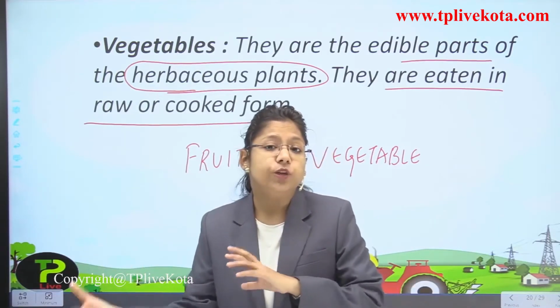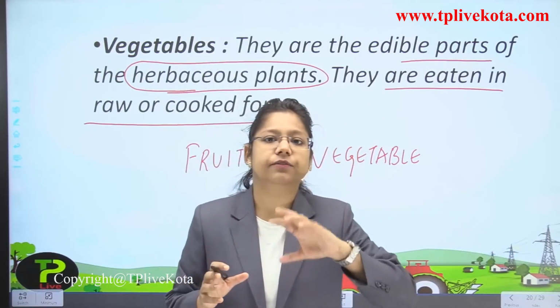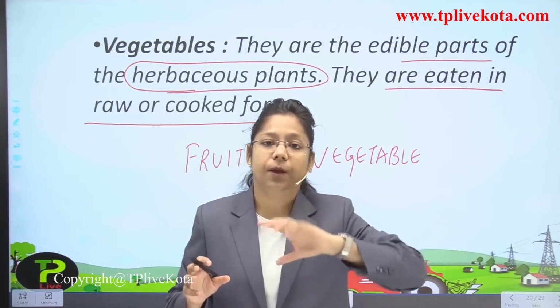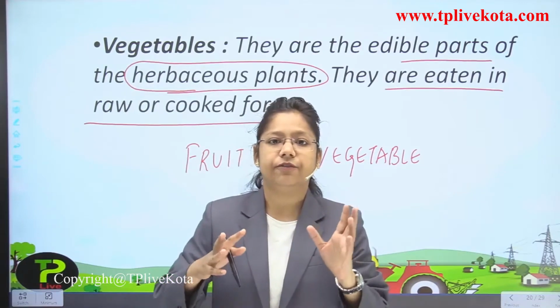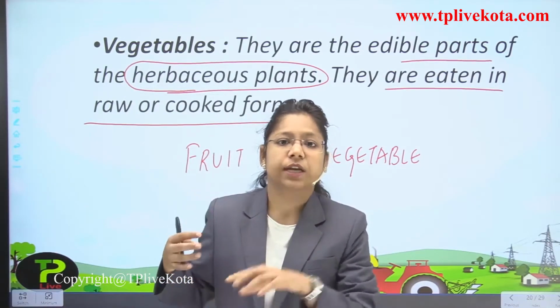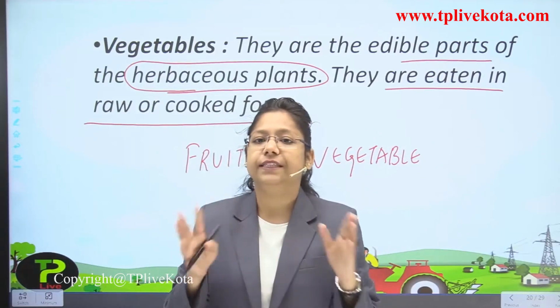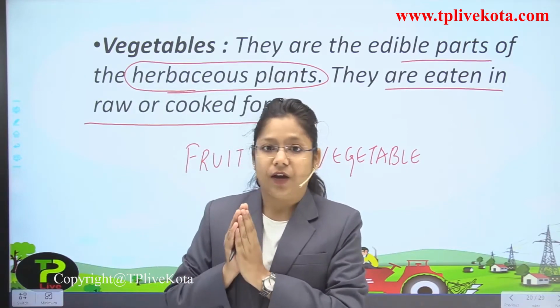What is fruit and what is vegetable? A fruit is a part of a plant which is grown by a flower, means which is developed by a flower. And other than the flower, if anything is developed by stems, leaves, roots, that is counted as vegetable. So vegetable is not the part of the plant which is developed by a flower.